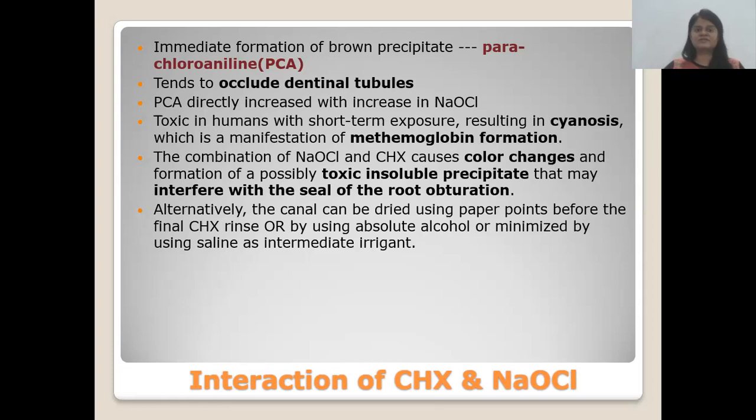It is toxic in humans, with short-term exposure resulting in cyanosis, which is a manifestation of methemoglobin formation. The combination of sodium hypochlorite and chlorhexidine causes color changes and formation of a possibly toxic, insoluble solid precipitate that may interfere with the seal of the root obturation.